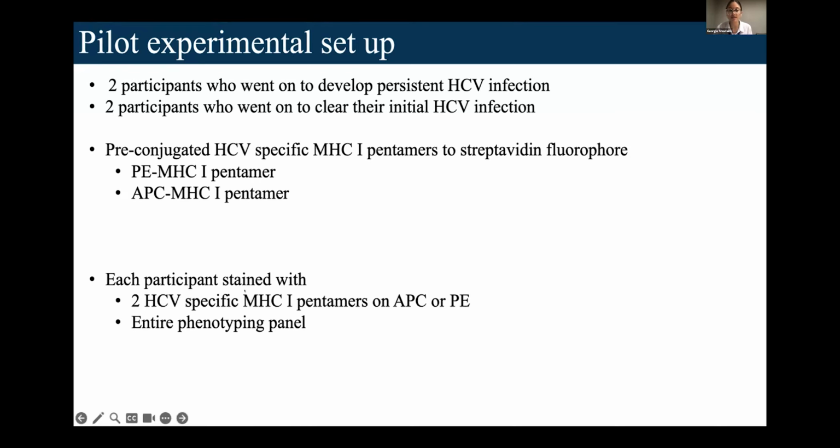And then in addition to these MHC class 1 pentamers for HCV, they were also stained with our 27 color phenotyping panel. So this was kind of putting everything together, seeing how the pre-conjugation would look in addition to our phenotyping panel.